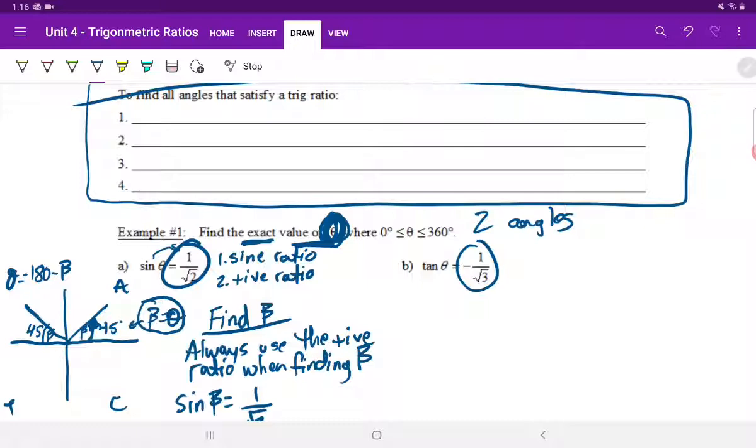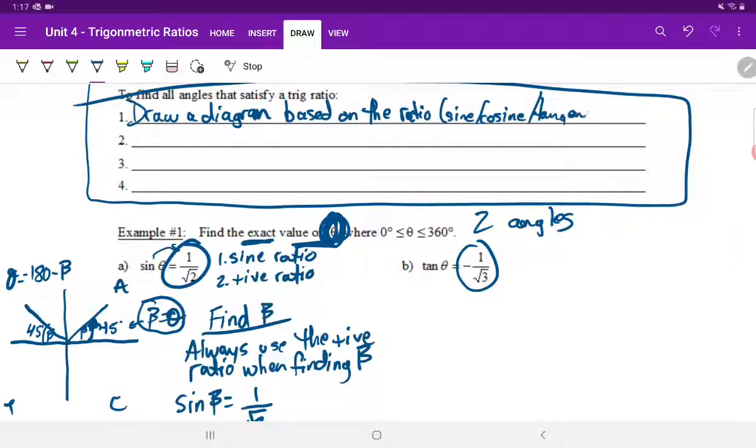So step one, draw a diagram based on the ratio, sine, cos, or tan, and its sign.